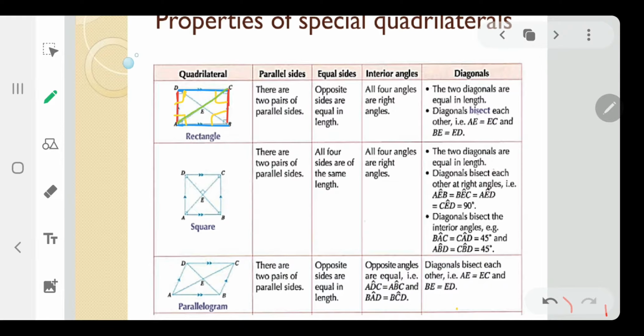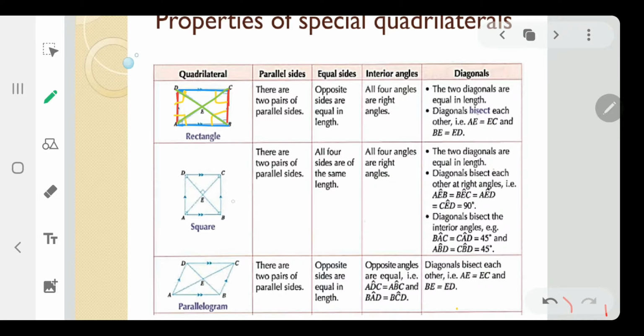Here is one diagonal and this BD is the other diagonal. These two diagonals are equal in length and they bisect each other, right? So these are some properties of a rectangle, right?